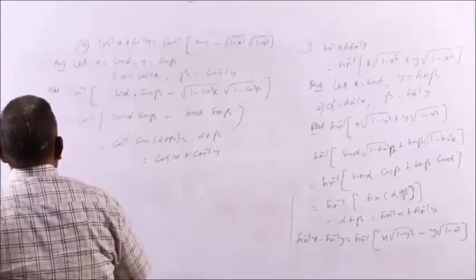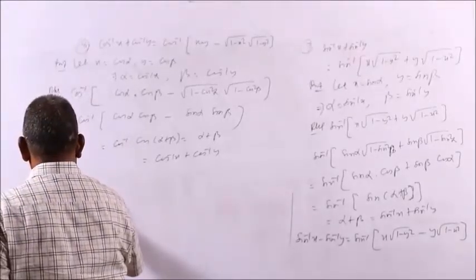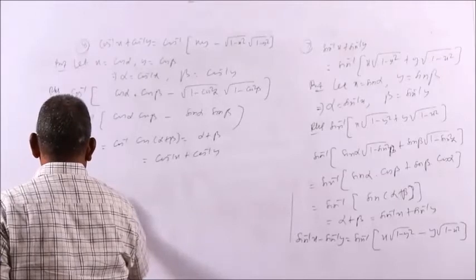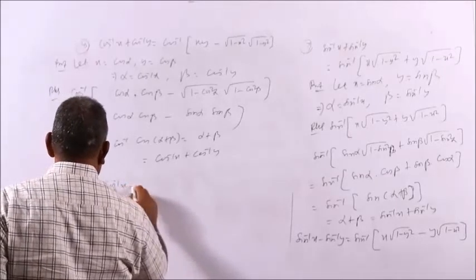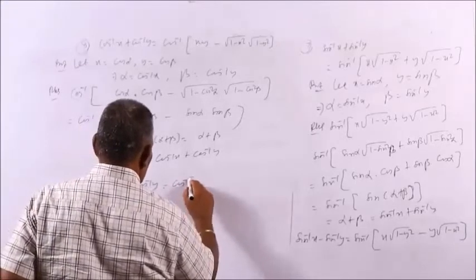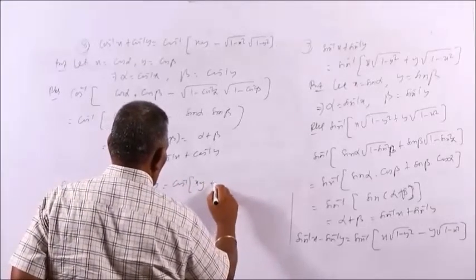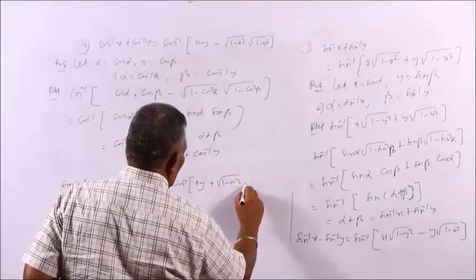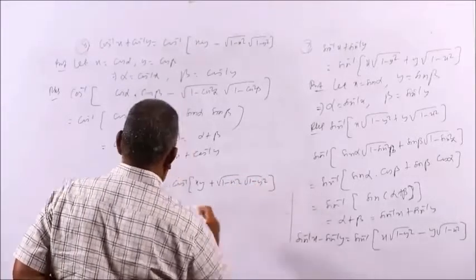So similarly we can take cos inverse x minus cos inverse y equals cos inverse of xy plus root over 1 minus x square into root over 1 minus y square.